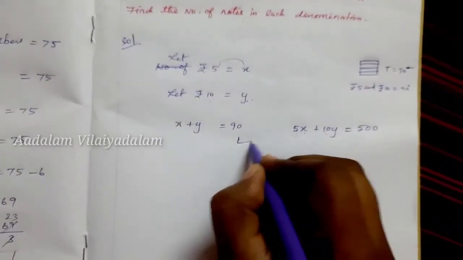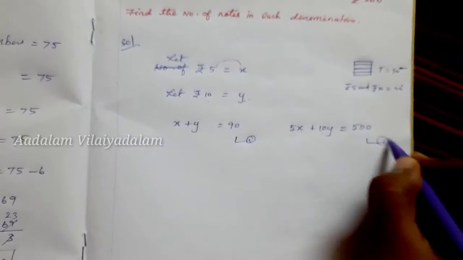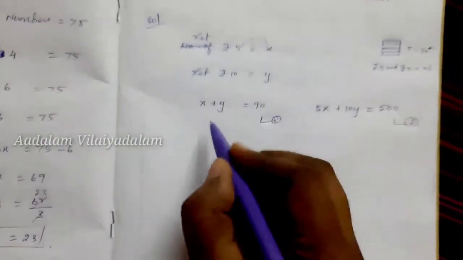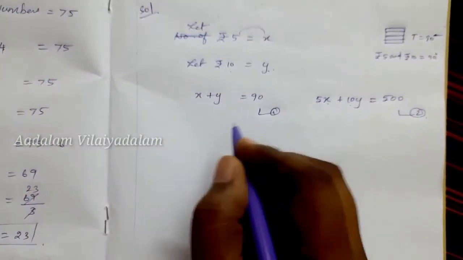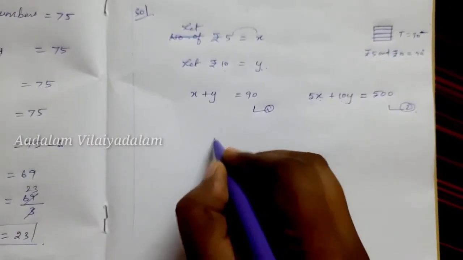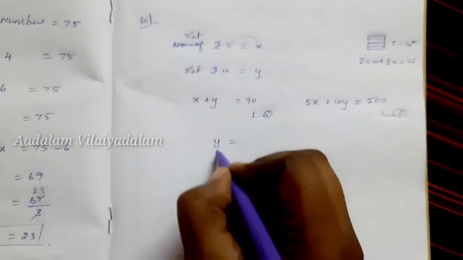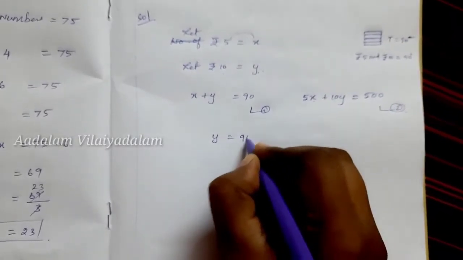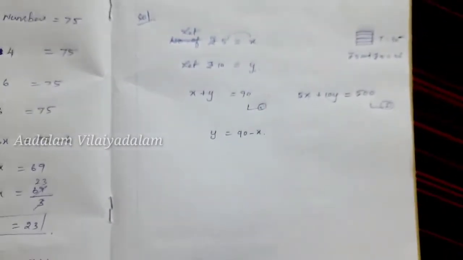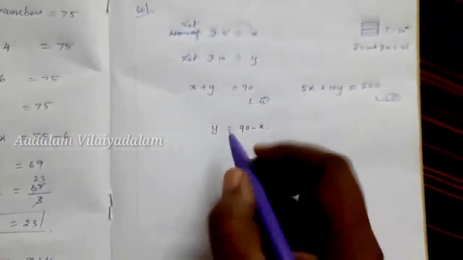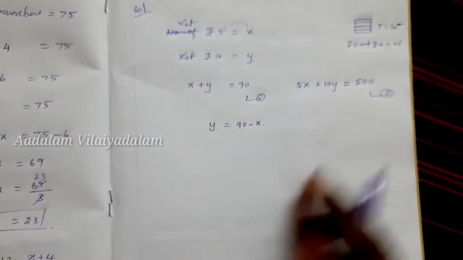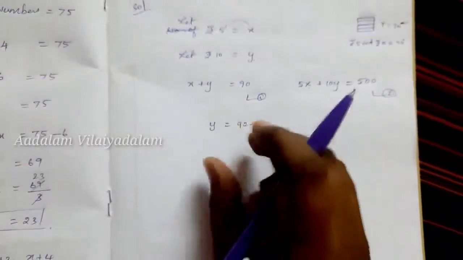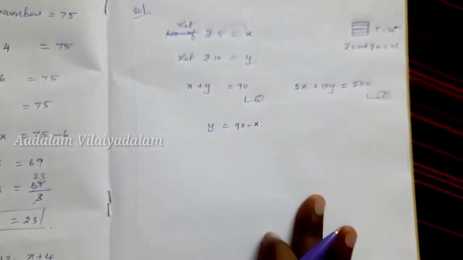So let's take this equation 1 and this equation 2. To find y, we can keep the x here and take it out: 90 minus x. So from this equation we can write y equal to 90 minus x. Then this value we shall substitute in equation 2.